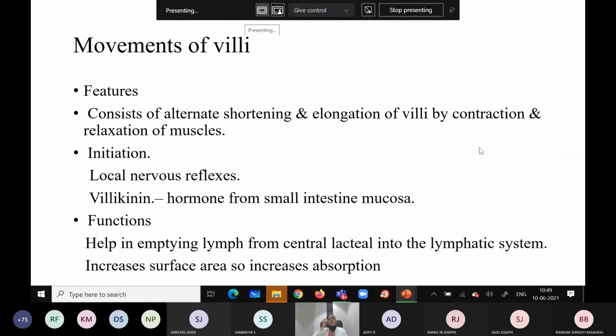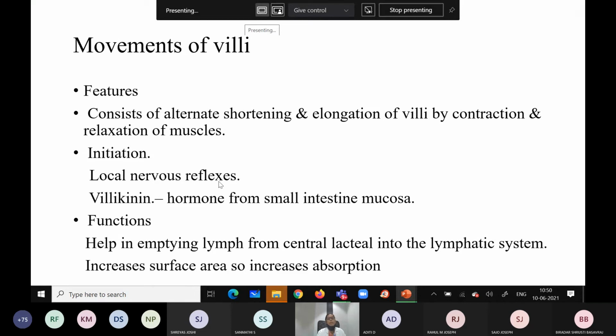Next, what are the movements of villi? They consist of alternate shortening and elongation of villi. The intestine has villi, you know, and they shorten and elongate by contraction and relaxation of the smooth muscles present in the villi.